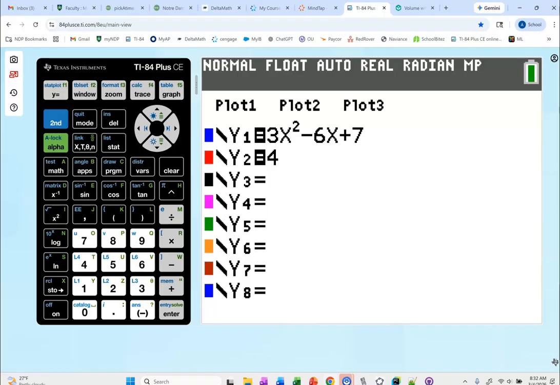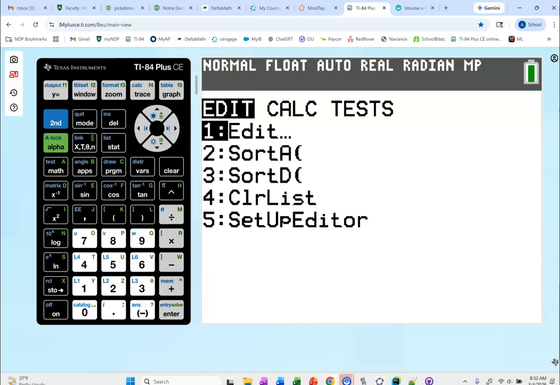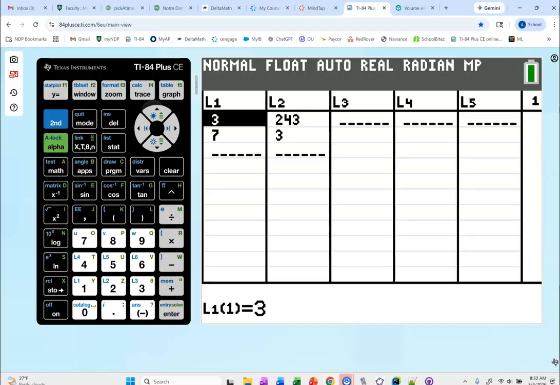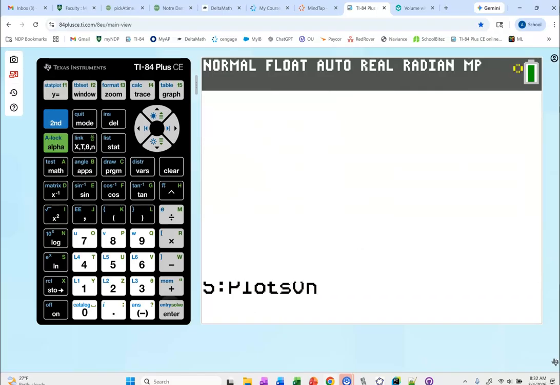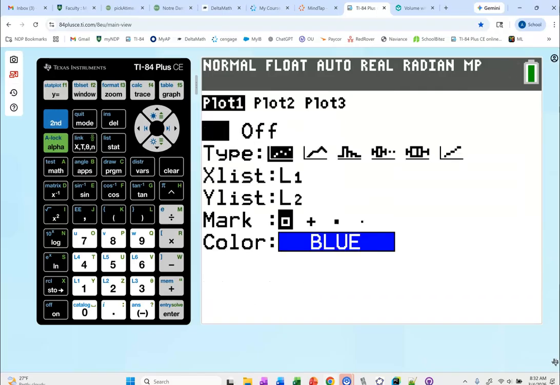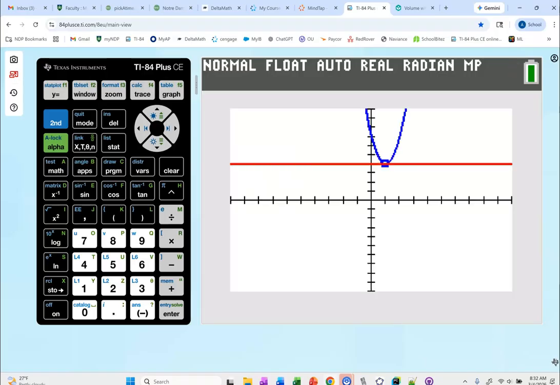So to do that, I'm going to go to stat, edit, and I'm just going to put in 1, 4. I'll turn plot 1 on so that it graphs it. So the blue is the curve, the square is the point, and the red is the line tangent to the curve at that point.